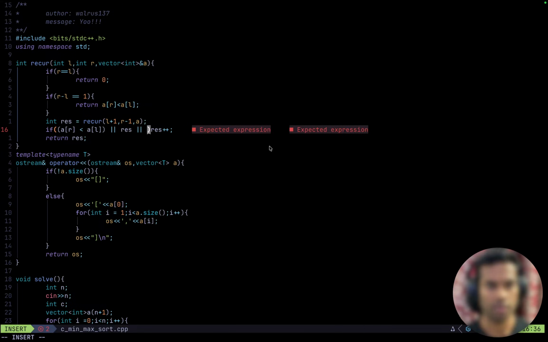Or location for L. Ideally, if you are looking for the Lth thing, or AR is not equal to R minus 1, or AL is not equal to L minus 1.